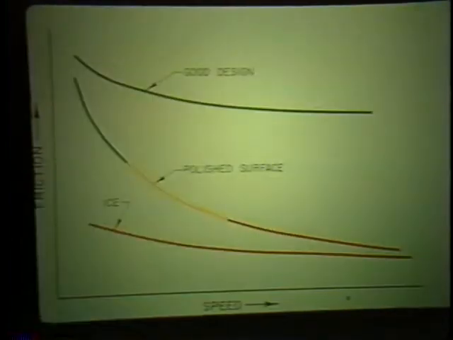A polished surface can degrade to a skid number approaching that of ice when vehicles travel over it at the higher speeds. However, a good non-polishing aggregate pavement will maintain acceptable skid numbers over a wide range of speeds. Surface construction materials need to be selected for safety and durability.